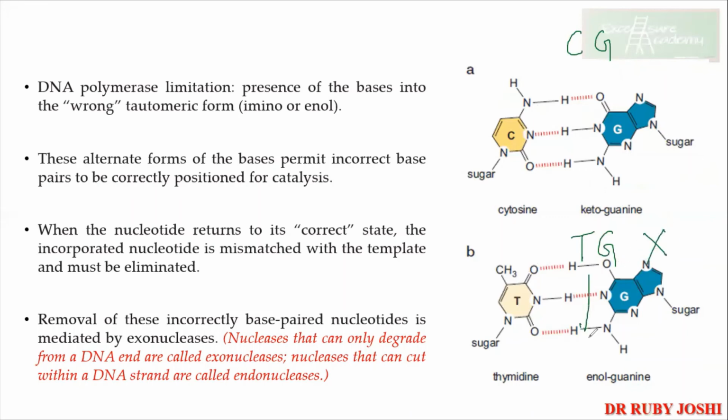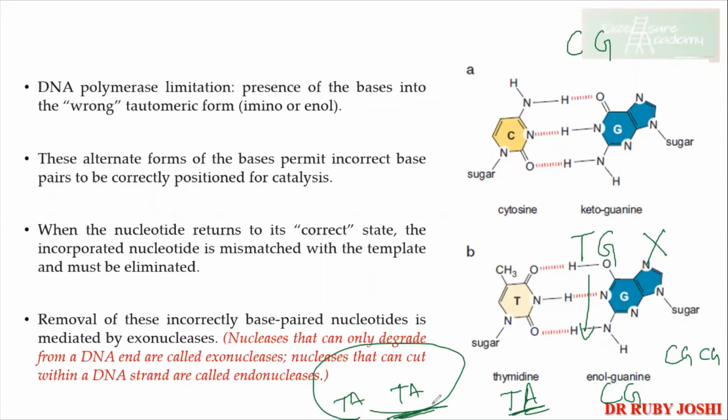So next round of replication में I'm going to have TA and CG. In another replication, ये तो मुझे CG और CG ही देगा, but this is going to give me TA and TA. So this DNA is carrying the mutation.